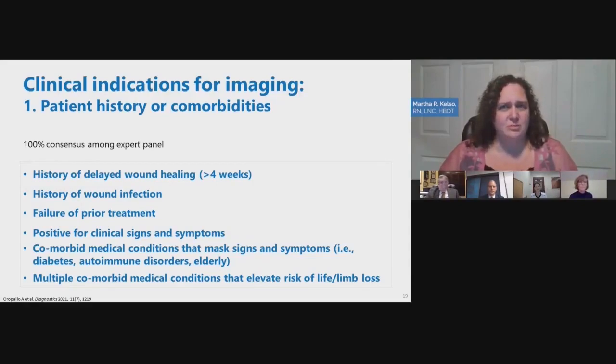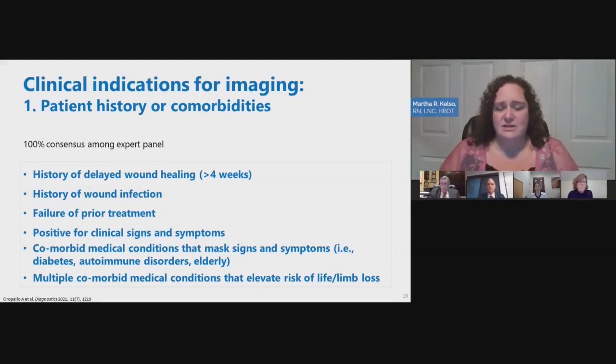And then the comorbid medical conditions that we've talked about so much. Obviously, comorbid medical conditions can mask clinical signs and symptoms of infection, particularly people with diabetes, autoimmune disorders, immunosuppressant, obviously on chemotherapy agents, and the elderly. Certain medications can suppress our immune system as well.